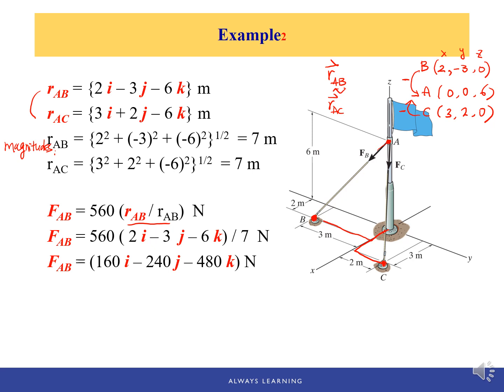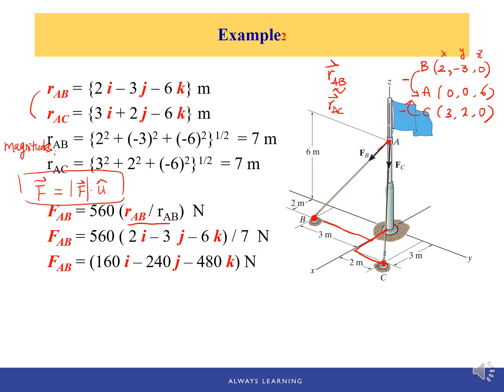So this is for FAB. FAB equals to, or let's write down the formula first. Force vector equals to the magnitude of the vector times the unit vector. Okay, so for FAB, it has the same direction as RAB.